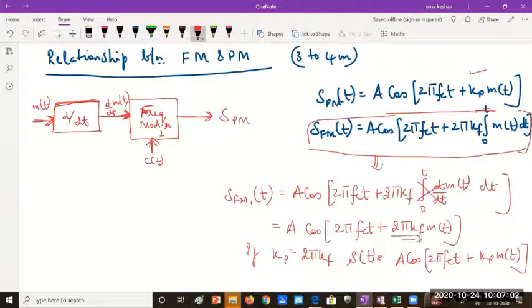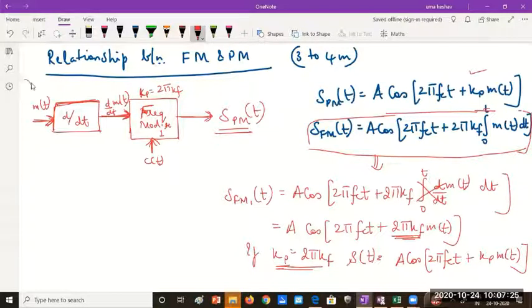Correct? Instead of 2 pi kf, I am putting Kp because I have considered these two to be equal. So the only condition is Kp should be equal to 2 pi kf, and whenever you differentiate the message signal and feed it to a frequency modulator, you are going to get the phase modulated signal.